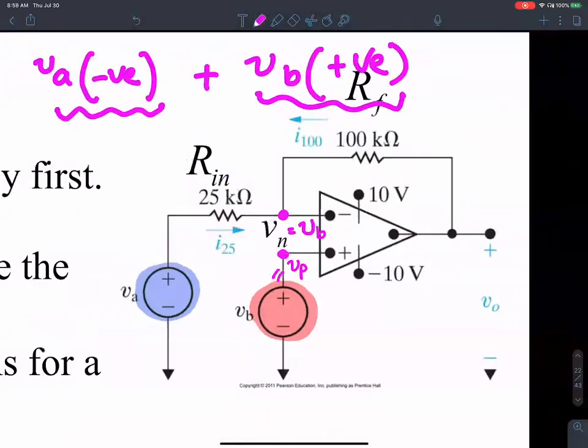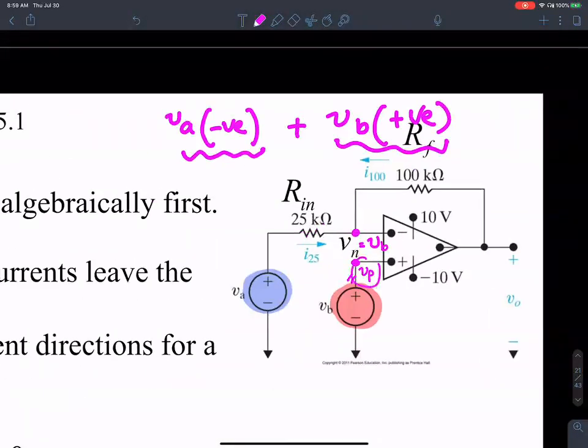Rule number 1 says that Vp should equal Vn, because Vp is tied to Vb. Both Vp and Vn should equal whatever voltage is applied to one of the terminals, Vb.